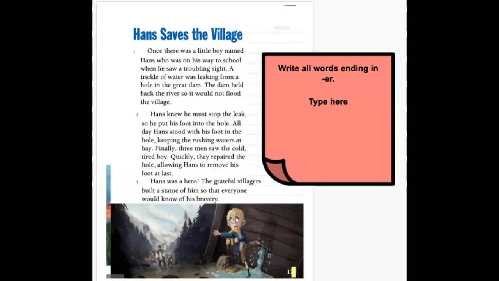On your assignment, you're going to see a pink sticky note, and you are going to type all of the words in the story that you can find that end in ER. So you're going to click here. You would erase that, and then you would start typing. Don't type that. You're going to type the words that end in ER. Okay?